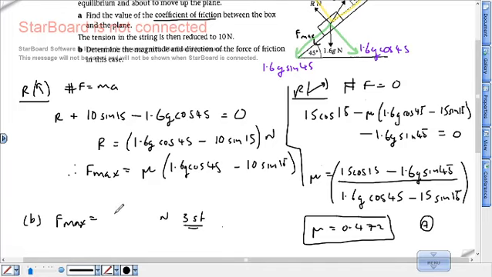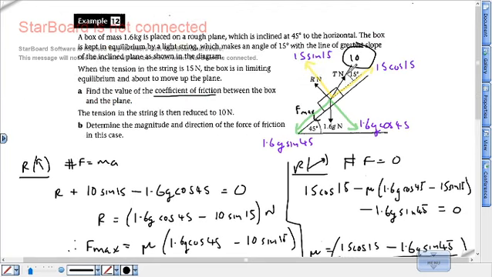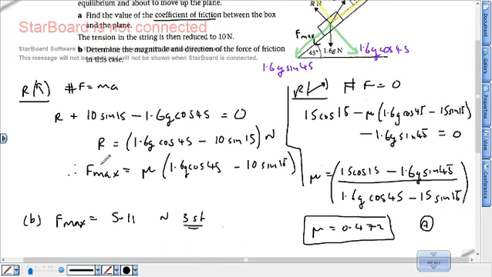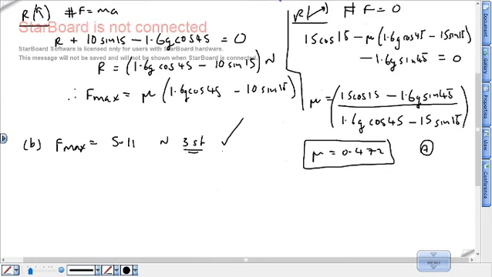So I get that to be 5.11 newtons, the F max, because obviously reducing this increases the amount R that's needed. You increase R and therefore F max is mu R, the F max is going to increase. So that makes sense, I'm happy with that.